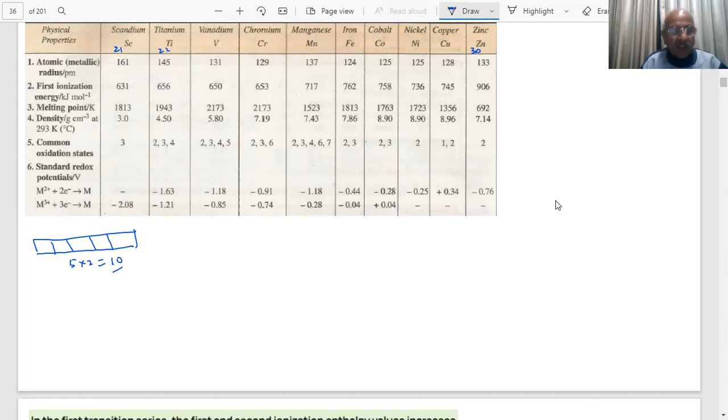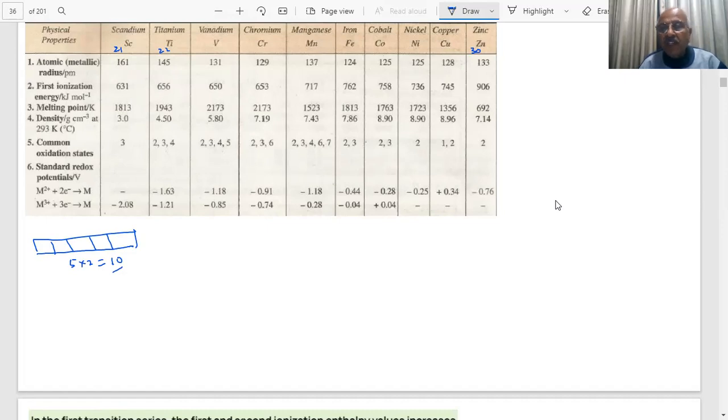We told you that the electrons are being filled in the 3d subshell in the case of the 3d series, and starting from scandium we went up to zinc. There were few exceptions where half filled or completely filled orbitals become more stable in the electronic configuration. Then we told you how the atomic sizes were varying.